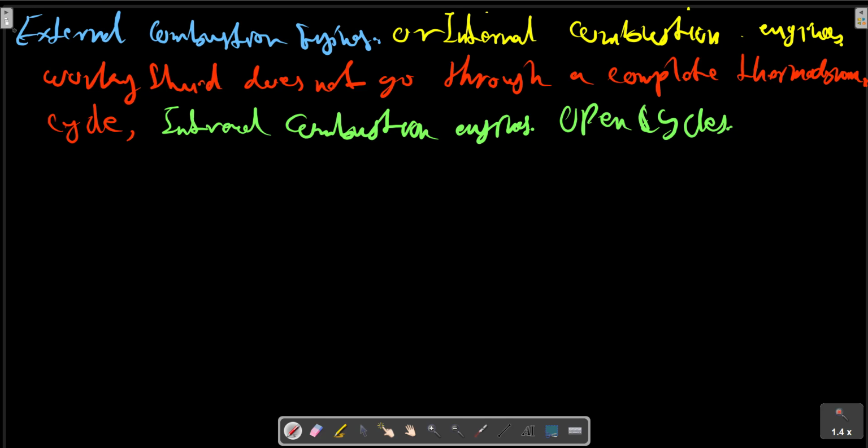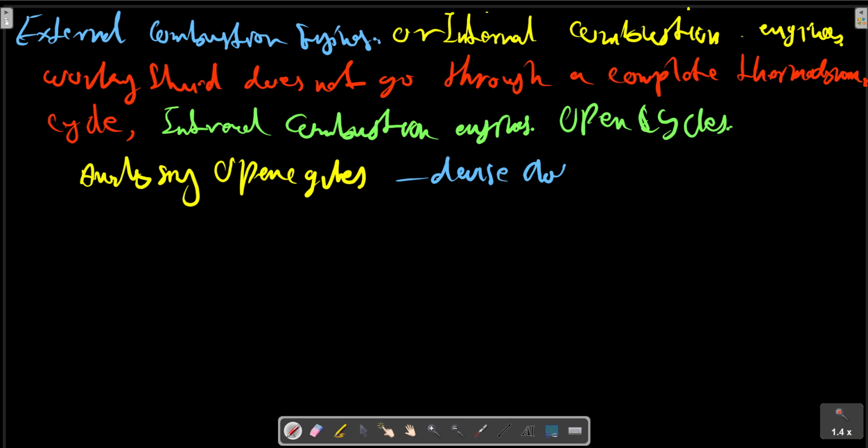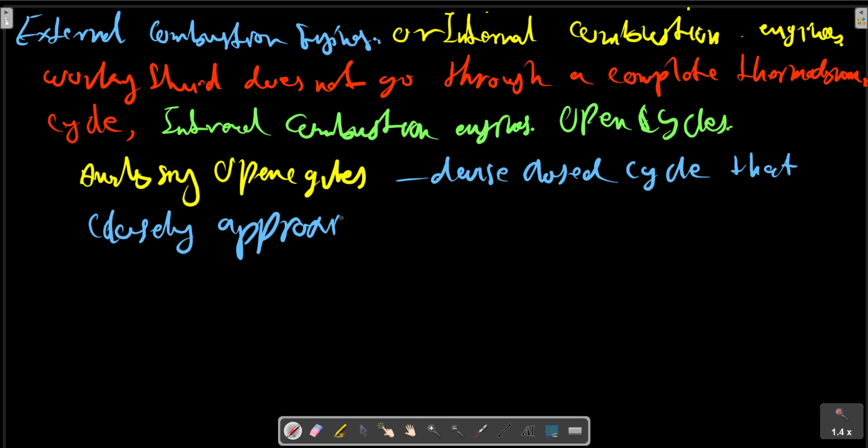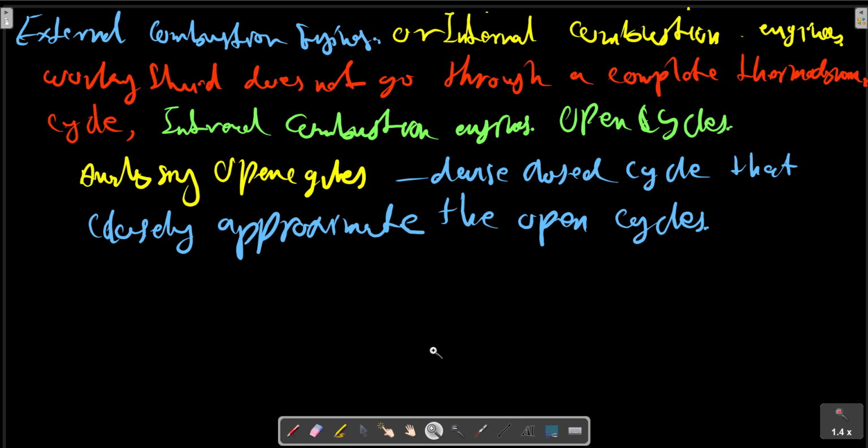However, in analyzing them we devise closed cycles that closely approximate the open cycle, which is based on the following assumptions.